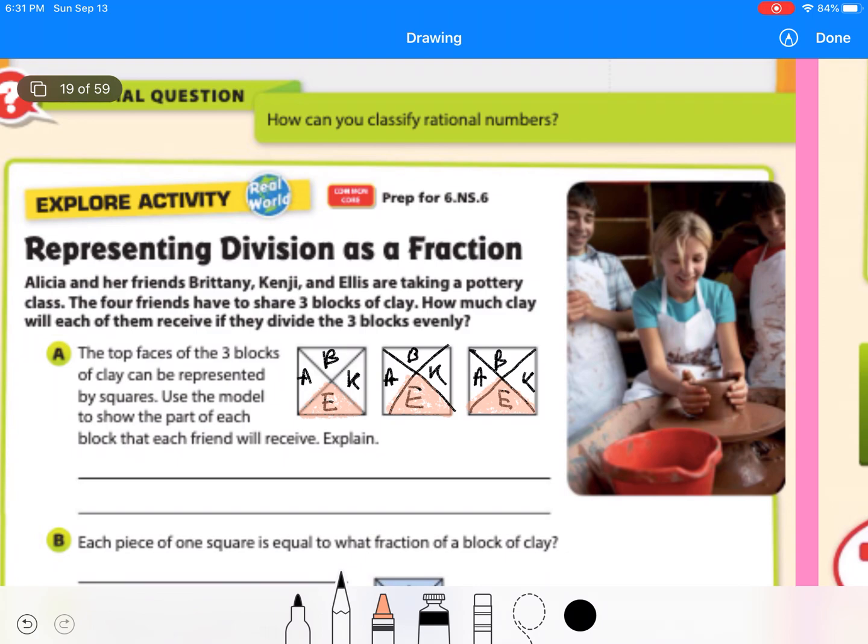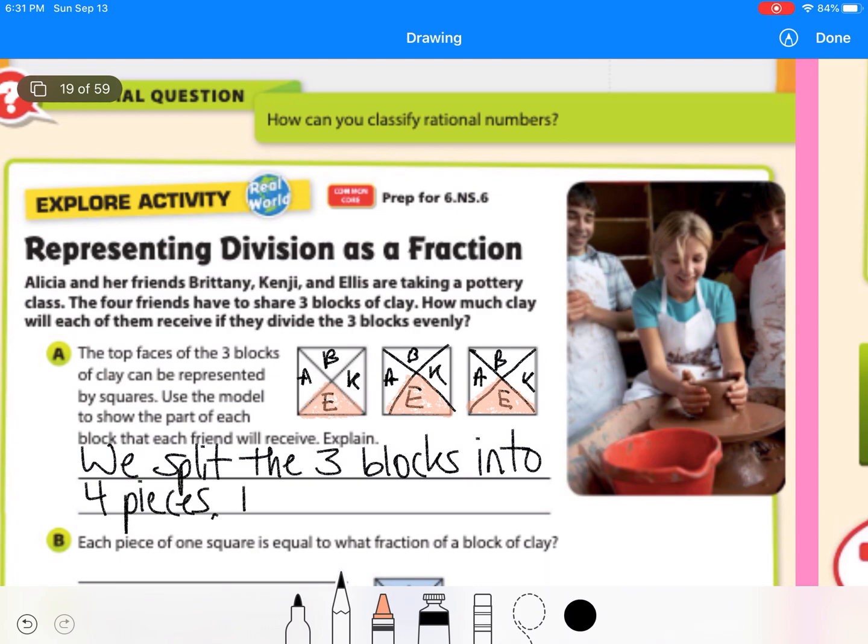So first we need to explain. We split the 3 blocks into 4 pieces, 1 for each person per block.